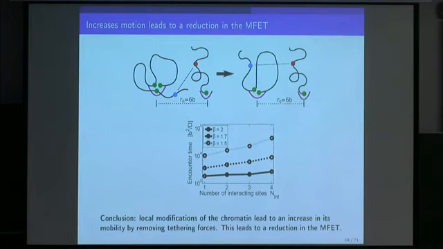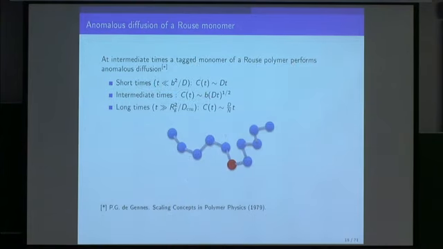So you have this direct relation between the number of interacting sites and the encounter time. So we think that that's really what's happening in the physical system, that you just remove those interactions and increase the probability of repair.